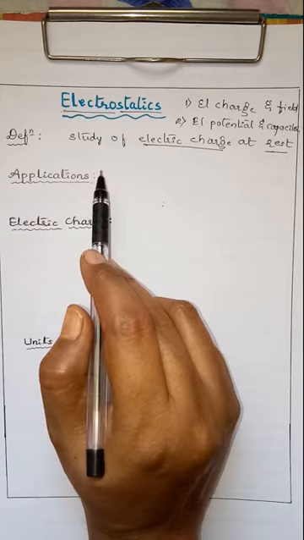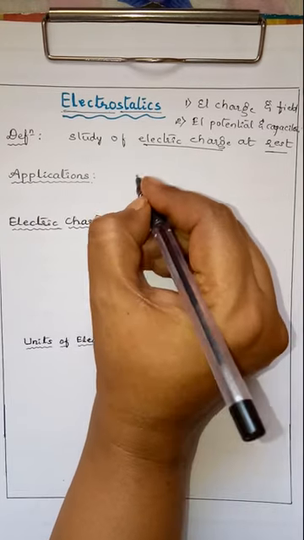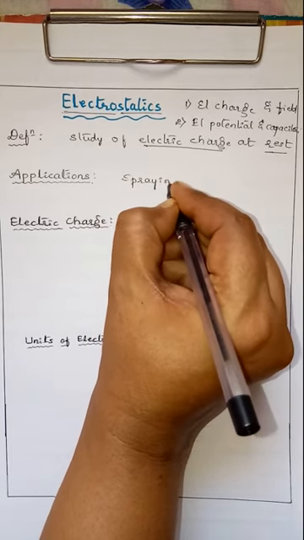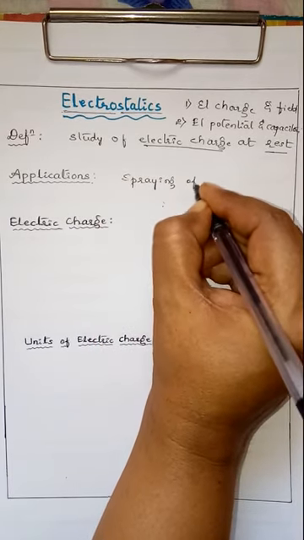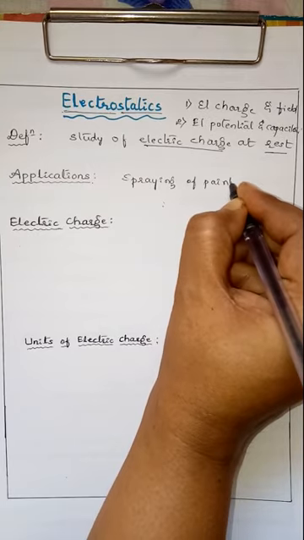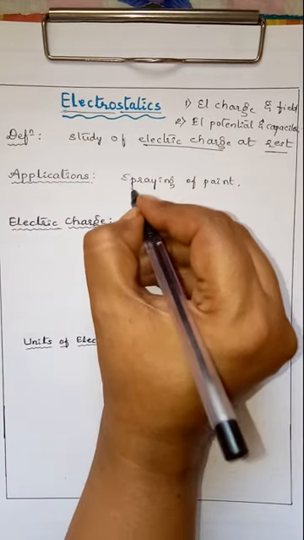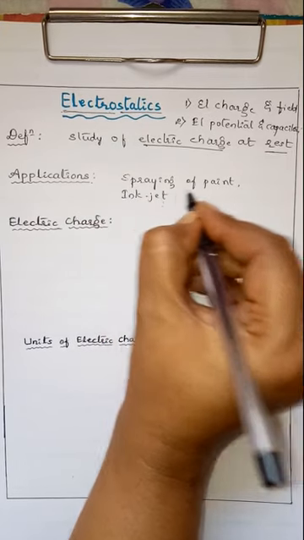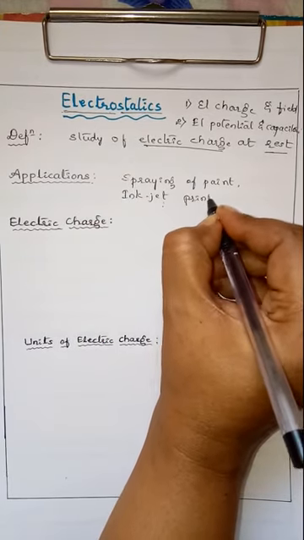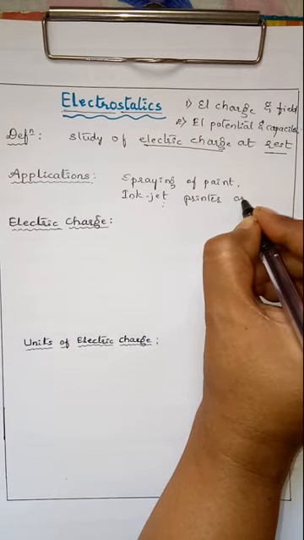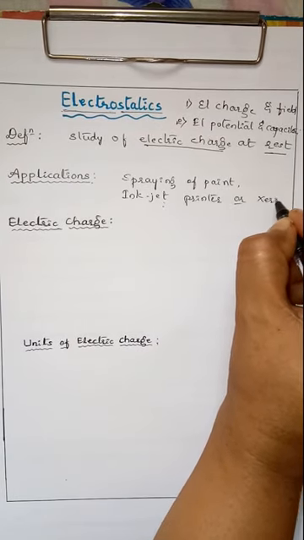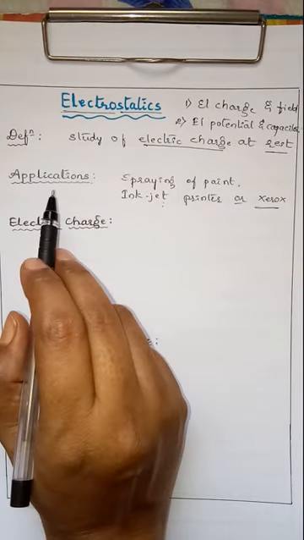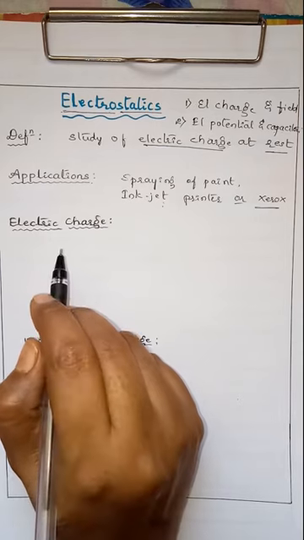Let me give very simple examples, like spraying of paint, or the inkjet printer, or even your Xerox machine. All these come under the applications of electrostatics.